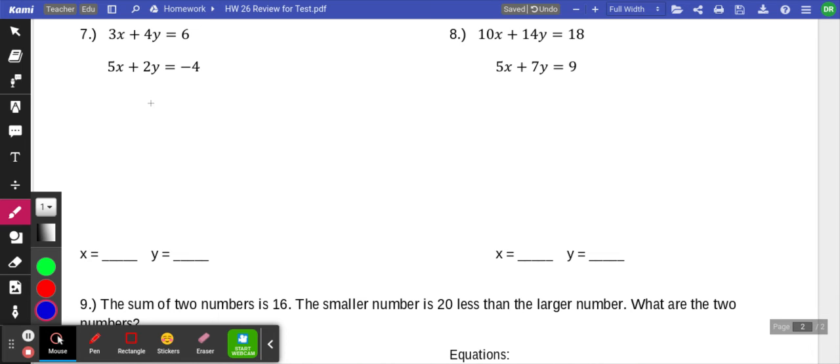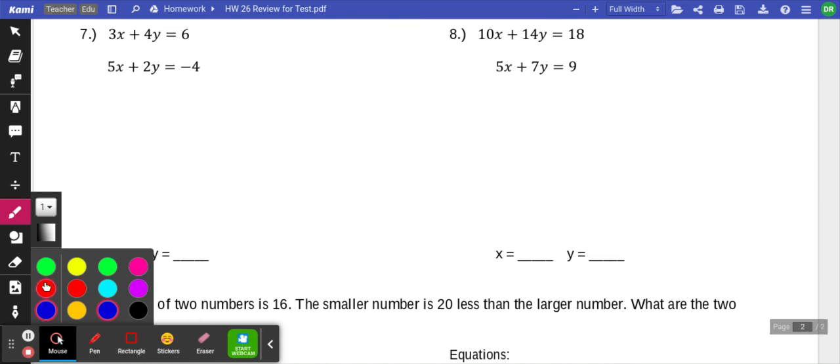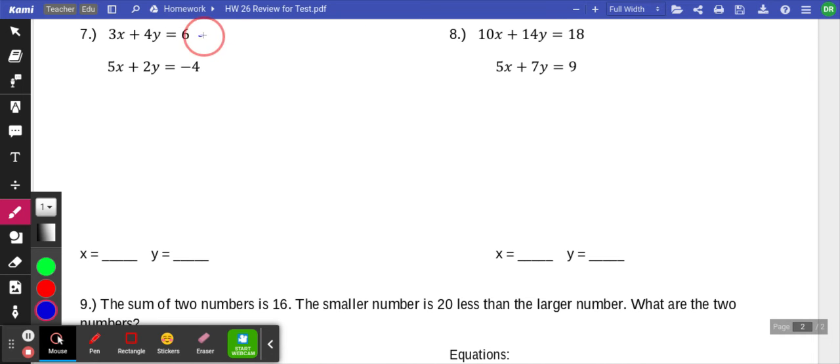In this scenario, I would focus on the y's, because I know that 2 goes into 4. And so I don't have to change the top equation if I pay attention to that. So if I take this top equation and leave it the exact same, don't change a single thing about it, we get 3x plus 4y equals 6.